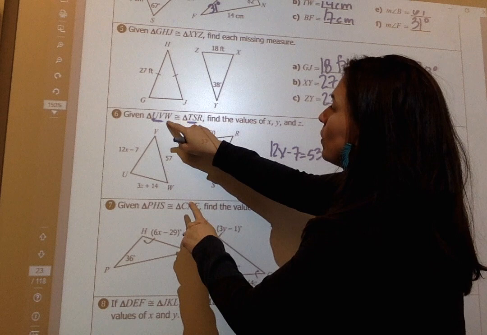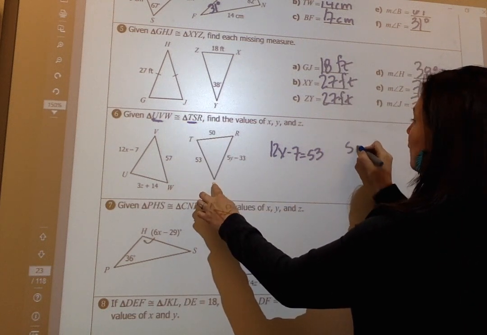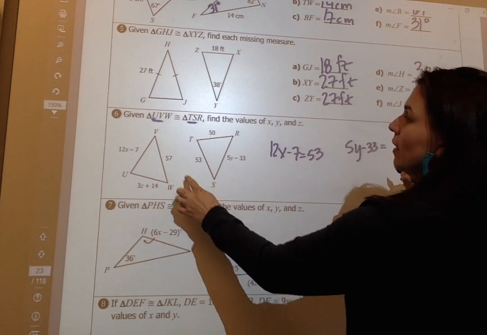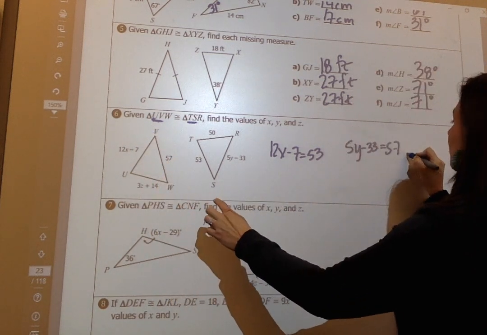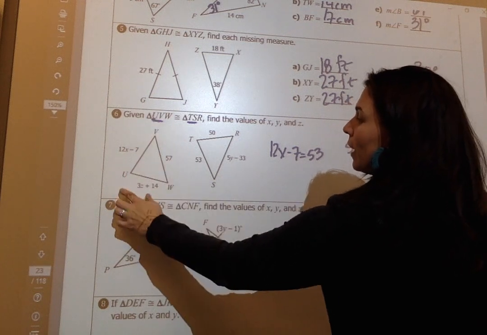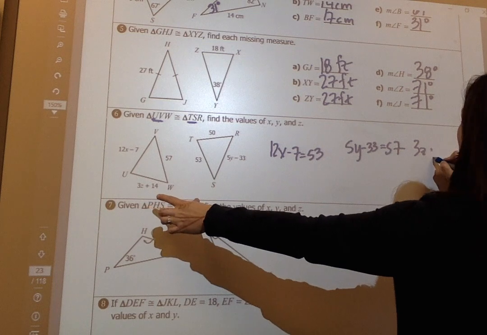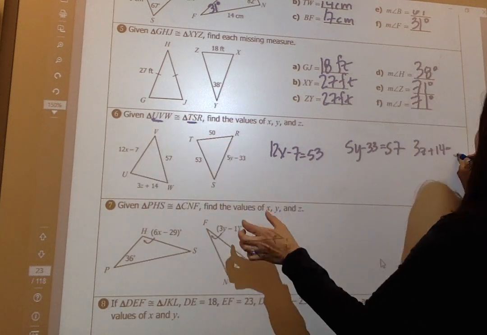RS is going to be congruent to VW. So if RS is 5y minus 33, VW is going to be 57. And then UW, if UW is 3z plus 14, that's going to be equal to TR, which is 50.